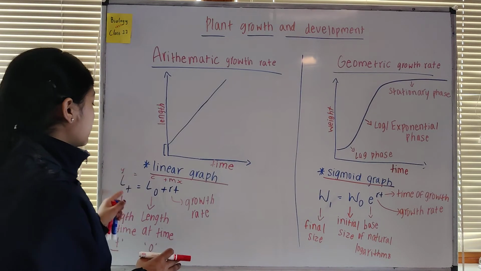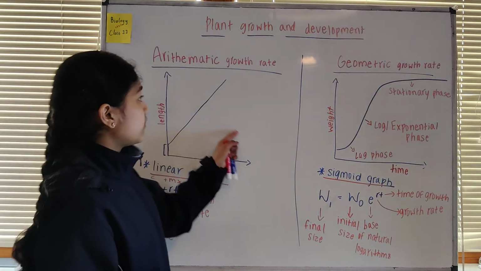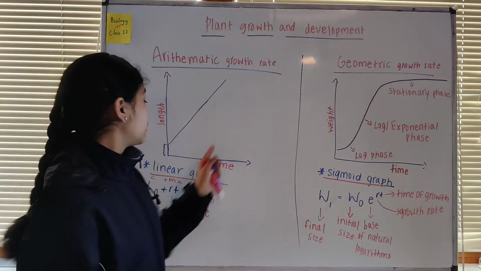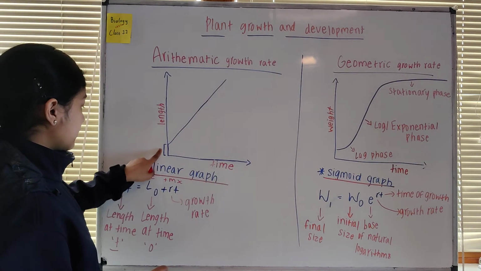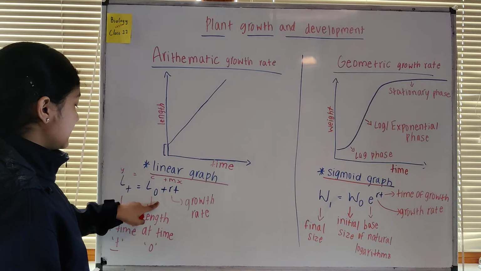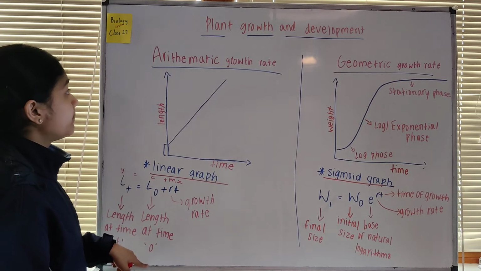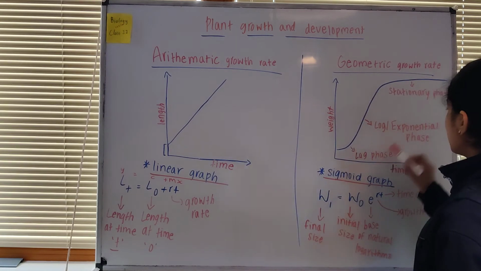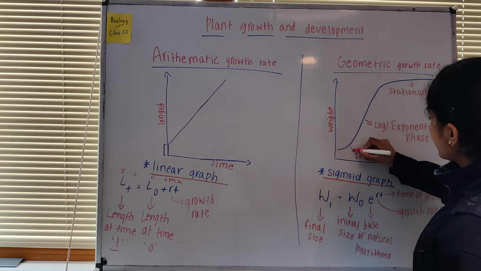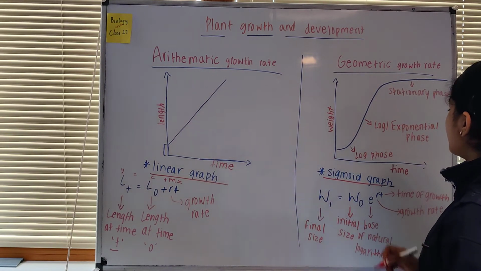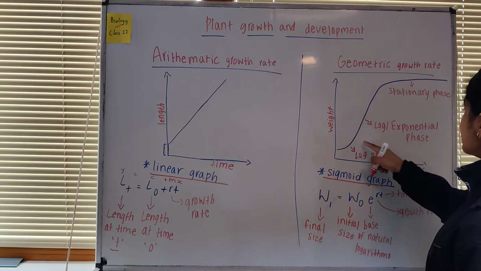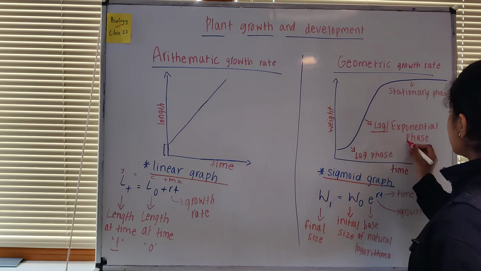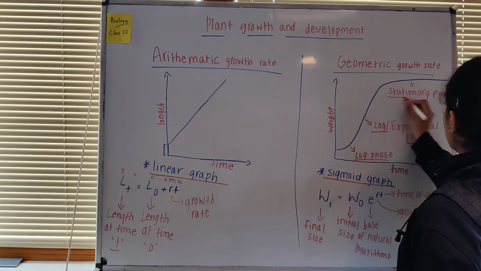So here in arithmetic growth rate, it's linear, and this particular length represents L0, which is length at time 0. And geometric growth rate, this is the sigmoid graph. It's a curve actually, and we label this graph as well: lag phase, log or exponential phase, and the stationary phase.